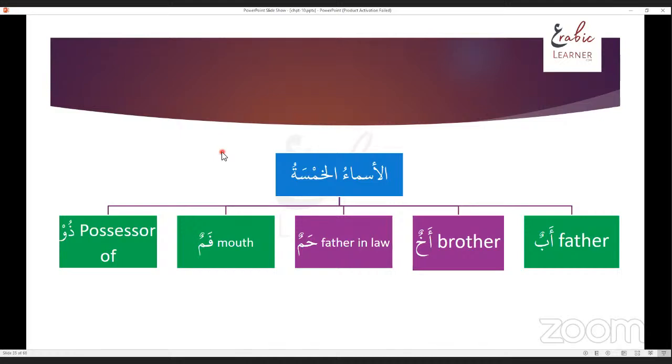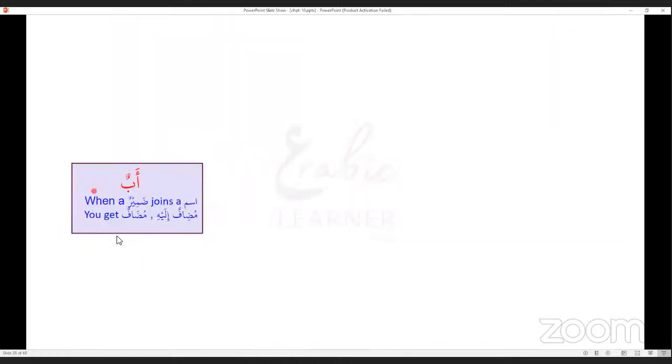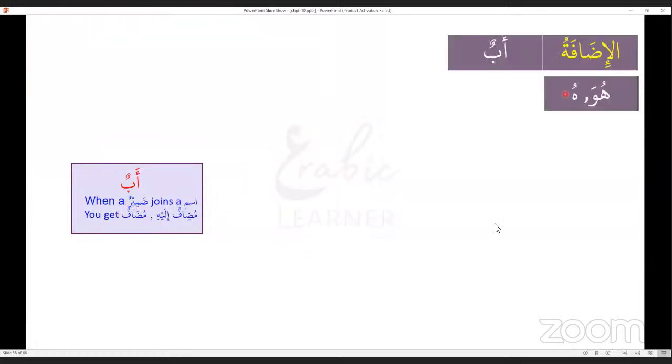Okay? Now, let's say abun. So when it gets attached to a damir, what is the product you get? The product you get is mudaf, mudaf ilayh. This is a standard form. So when abun gets attached to a damir muttasil hu, what will it become?